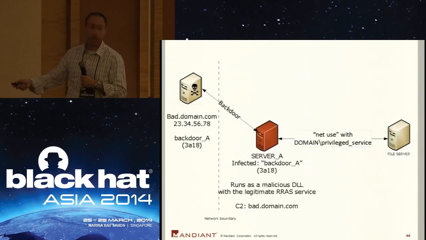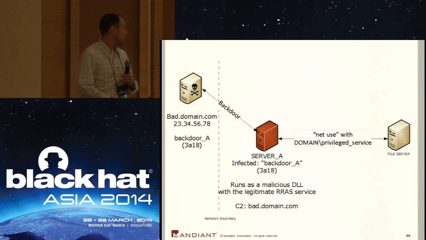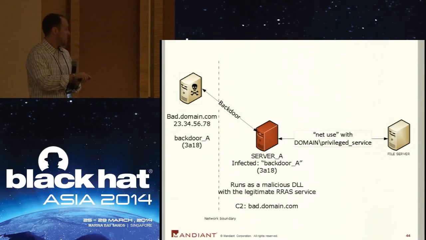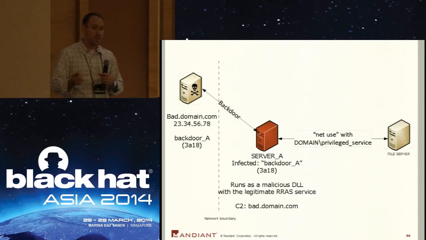So this is the example that I want to use to explain this process. Picture a server that is infected. It's got backdoor_A, and it's communicating with baddomain.com, which currently resolves to 233456778. This particular backdoor is running as a malicious DLL that's associated with a legitimate Windows service.